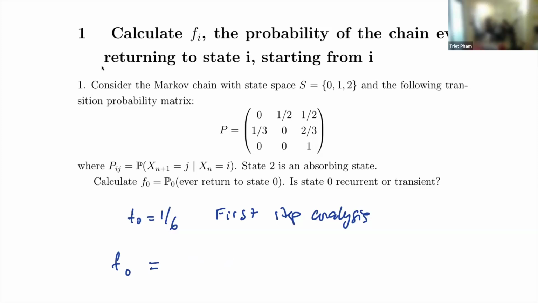Sum of F, I0, P0I, Fi0, I runs from 0 to 2. Do we understand? Okay, sorry.